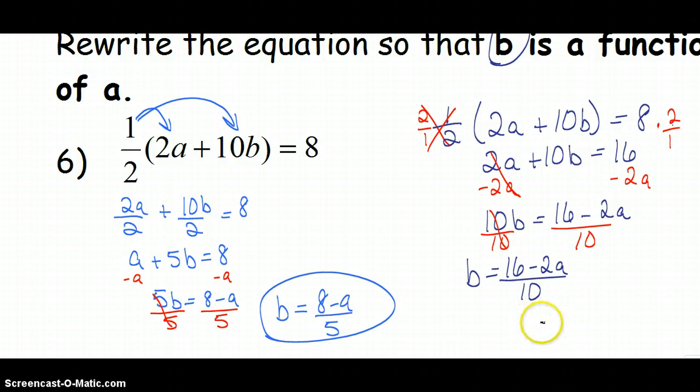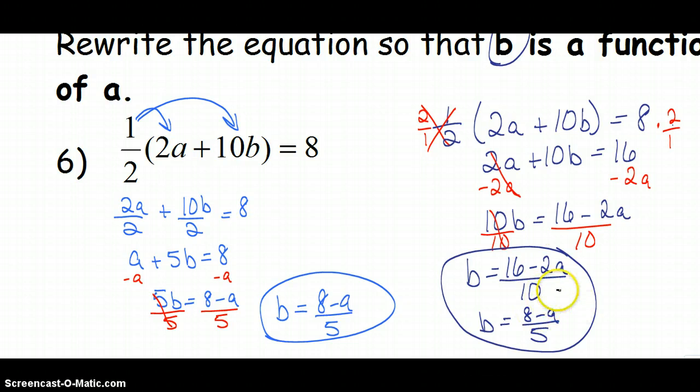Now if I were to simplify this, 16 and 10 will reduce by 2. I could also have b is equal to 8 minus a over 5. So these are both correct. Sometimes you may not see to simplify right here, but your answer is still going to work.